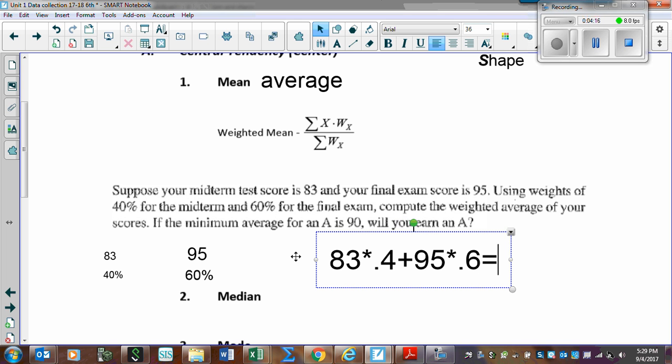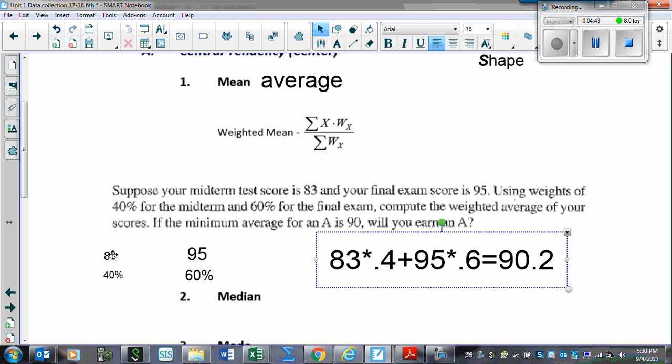So I'll do that quickly. And that turns out to be a 90.2. And so that would be your score, a 90.2.